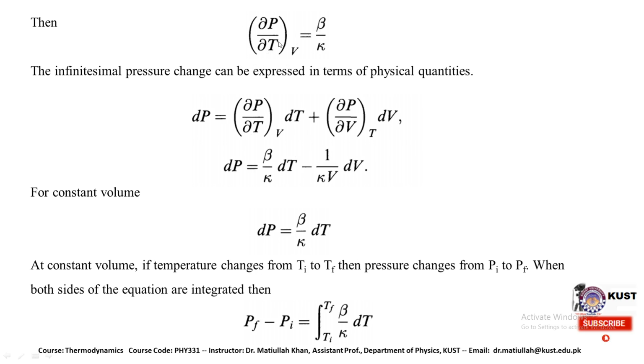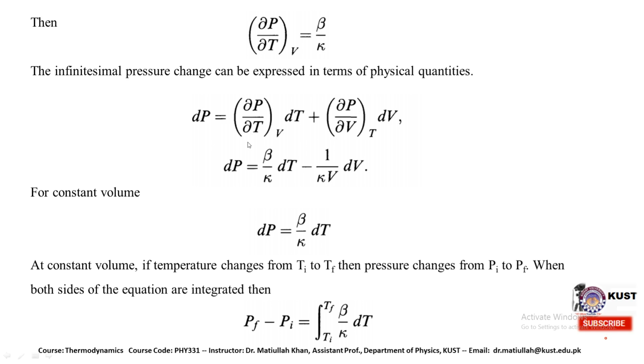Change in pressure with respect to temperature when the volume is constant is equal to beta divided by kappa. Just like in the first part of the lecture, if we want to find the change in a variable, for a PVT system dP will be equal to change in pressure with respect to temperature when volume is constant, plus change in pressure with respect to volume when temperature is constant.